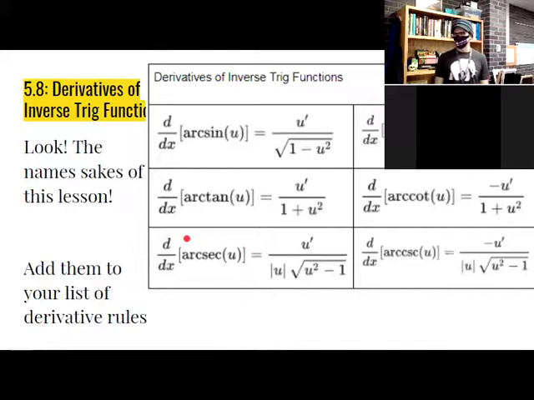So I will give you a moment to write those down because these are the last derivative rules that we are going to talk about in this class. Yes, these are the last derivative rules we're going to talk about in this class.